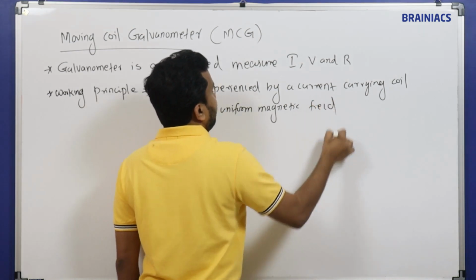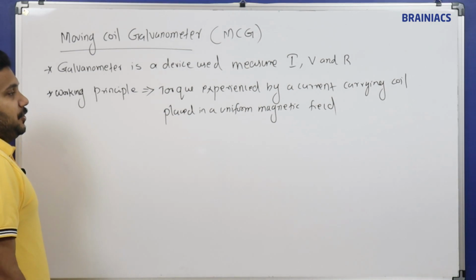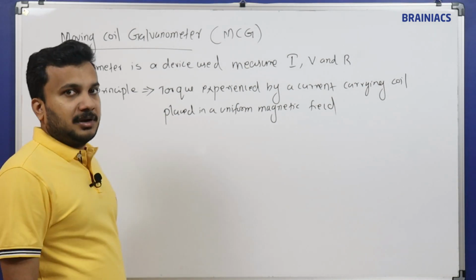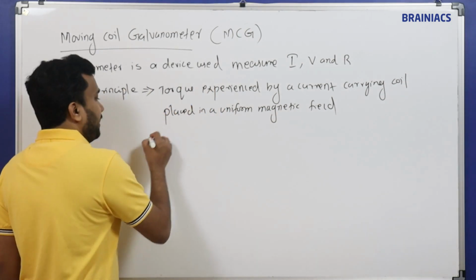We have seen this in the last sessions, right? In case of a uniform magnetic field, there is only torque. In case of a non-uniform magnetic field, both the torque and force will be there. So we will write an additional point.